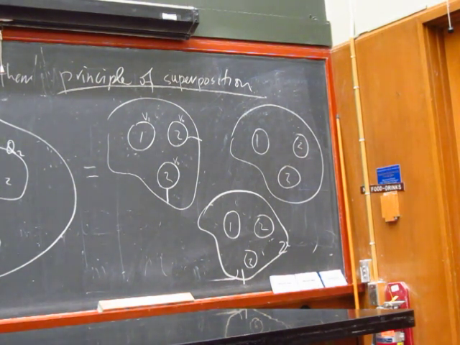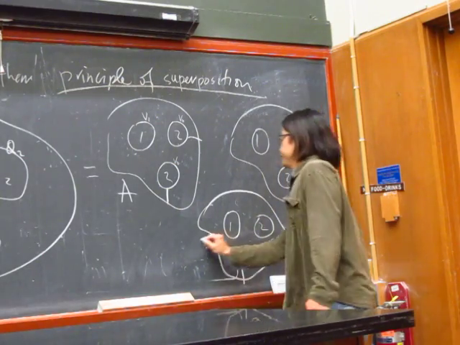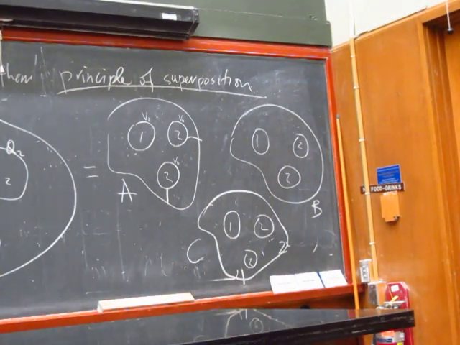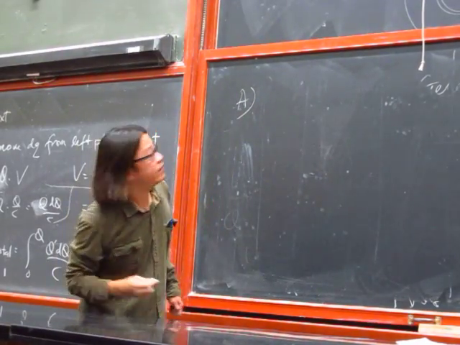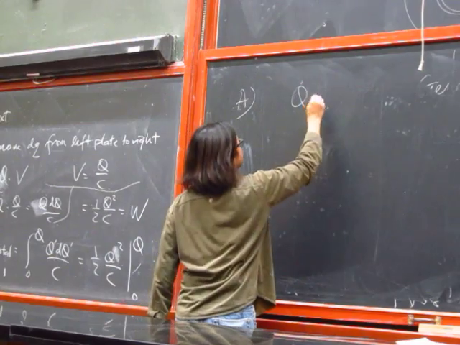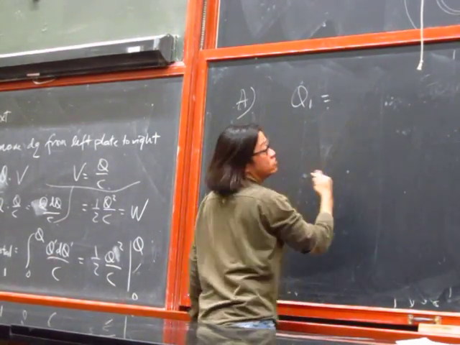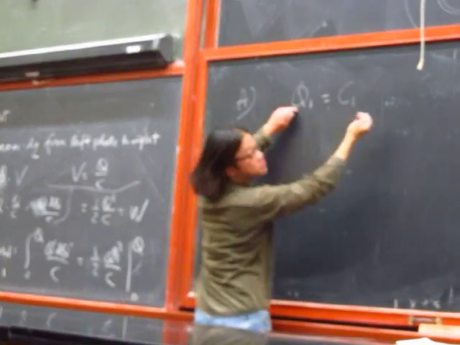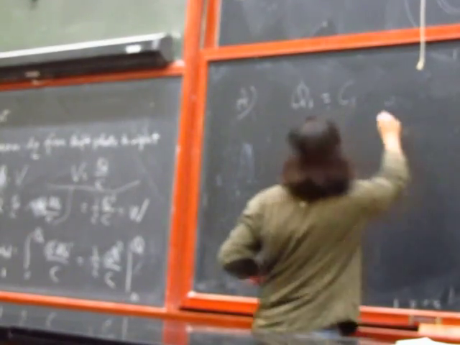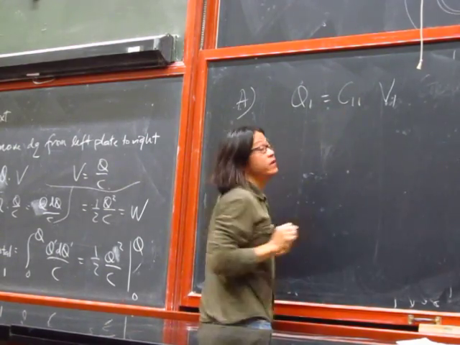here, if I look at the configuration A, let's call these A, B, and C. Configuration A: then the charge Q1 is proportional to the potential V1, and the constant of proportionality is given by C11.